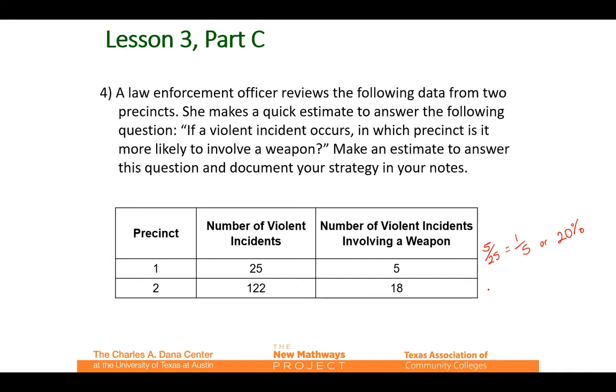This one's not as obvious. 18 out of 122. I may want to round that and say that's about 20 out of 120. That's about 1/6. 1/6, and you probably don't need to know this, is about 16%. So it's a little more prevalent. 1/5 is bigger than 1/6.